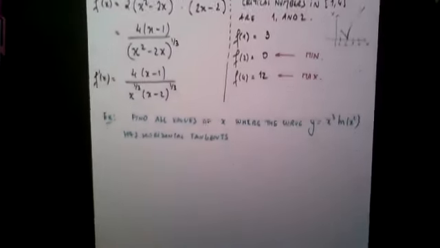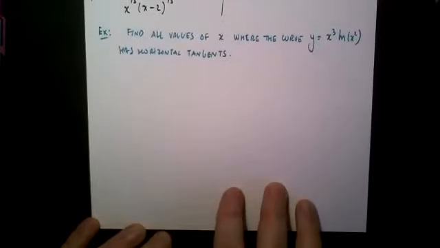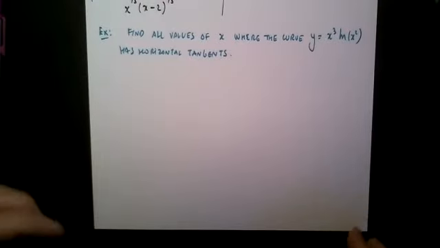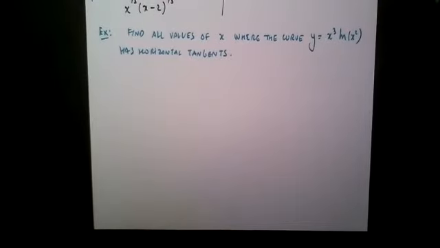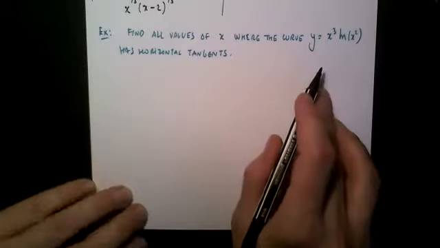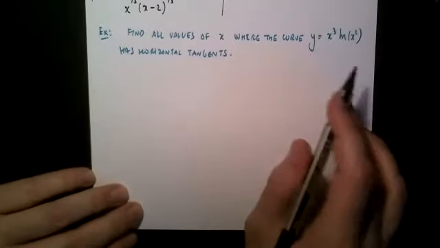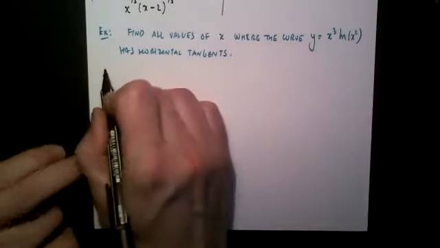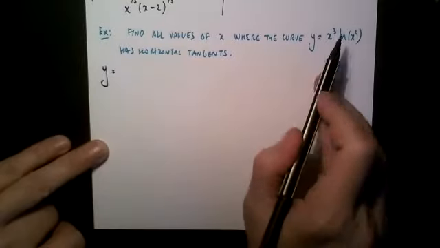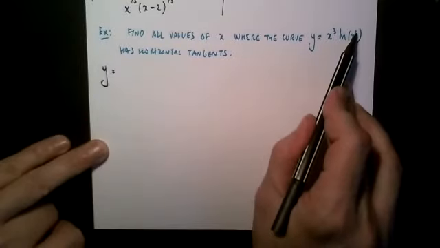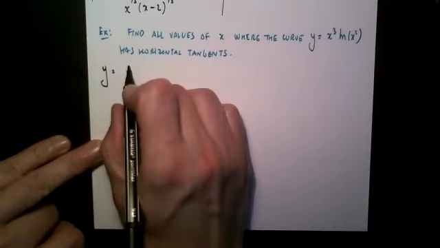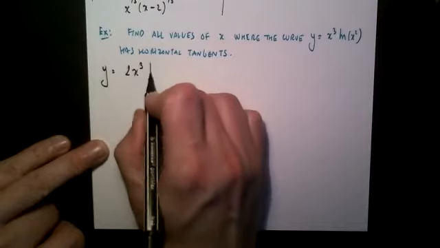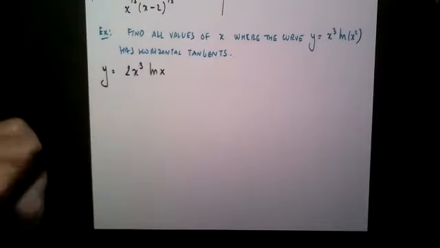Okay, let's do the second question. Find all values of x for which the function has the horizontal tangent. So basically when the derivative is 0. Okay, so I'm going to simplify things a bit by bringing the 2 in front. 2x cubed ln x, that's y.